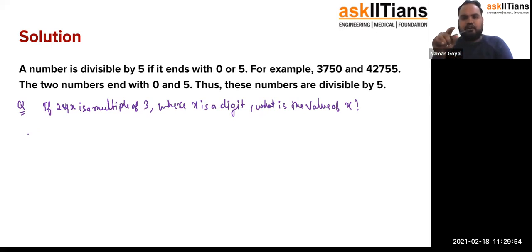For example, if I write 532, it is 5 and 3 and 2, right? So it is 24x only. If 24x is divisible by 3, it means 2 plus 4 plus x is also divisible by 3, right? Now see, it gives 6 plus x.